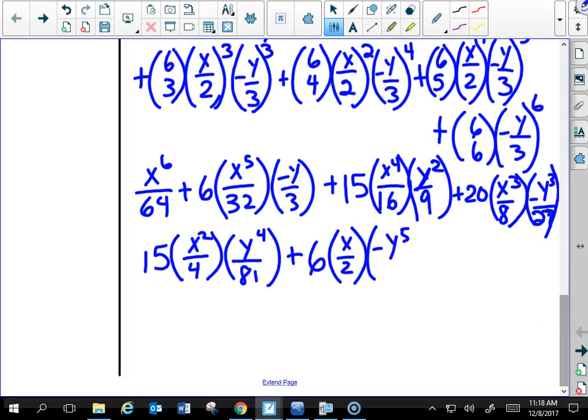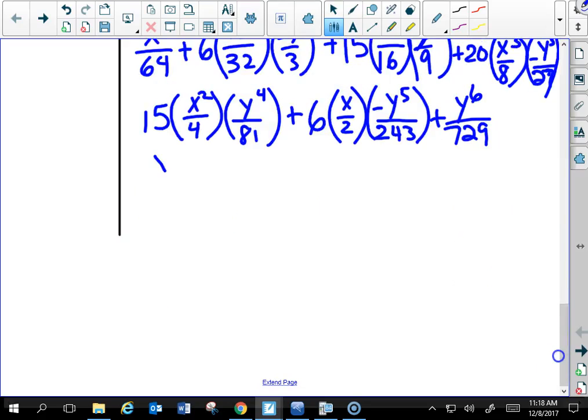And 3 to the 5th power gives me 243. And then my last term is the combination 6 over 6, which is just 1. And y is to the 6th power, so the y goes positive. And 3 to the 6th power is, of all things, 729. Okay, I'm going to simplify this on the next step and be done.